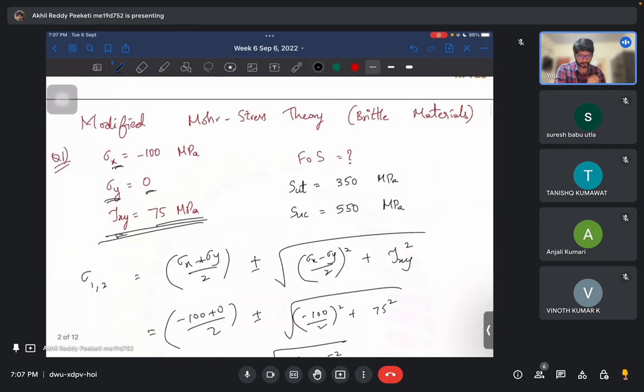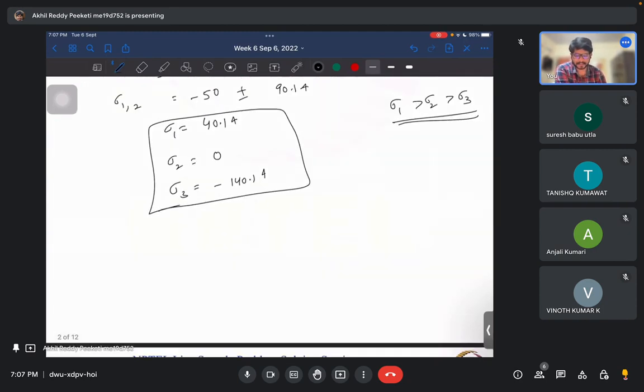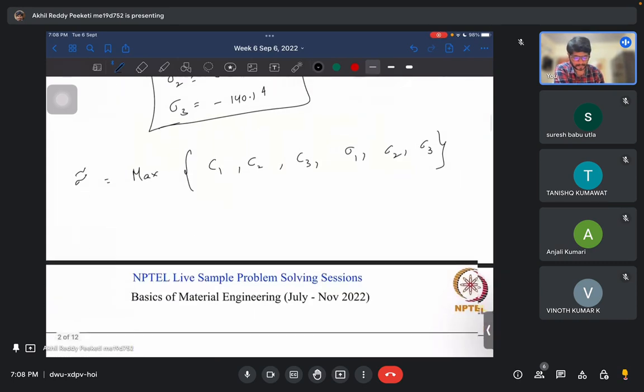For the modified Mohr stress theory for brittle materials, there is a way to get the effective stress, sigma effective, which is defined as the maximum of C1, C2, C3, sigma 1, sigma 2, sigma 3. How do we estimate C1, C2, C3? We'll see now.